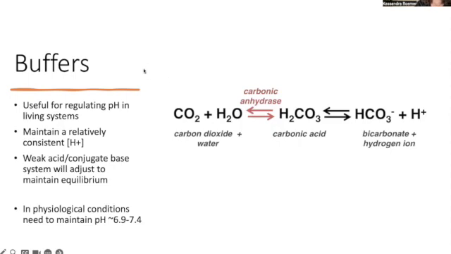And then that carbonic acid will dissociate into bicarbonate and hydrogen ions. We want to maintain a relatively stable concentration of hydrogen ions. So even though we produce more CO2, we want to make sure we don't produce an excess amount of H+. So we need this buffer system, which will in reverse keep an equilibrium between CO2 and H+.